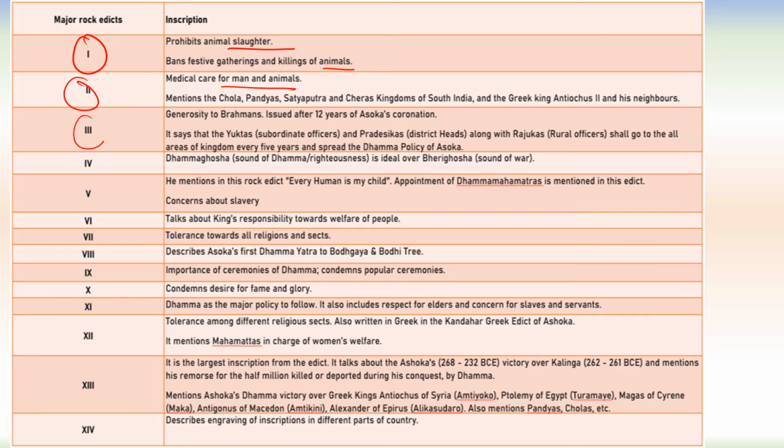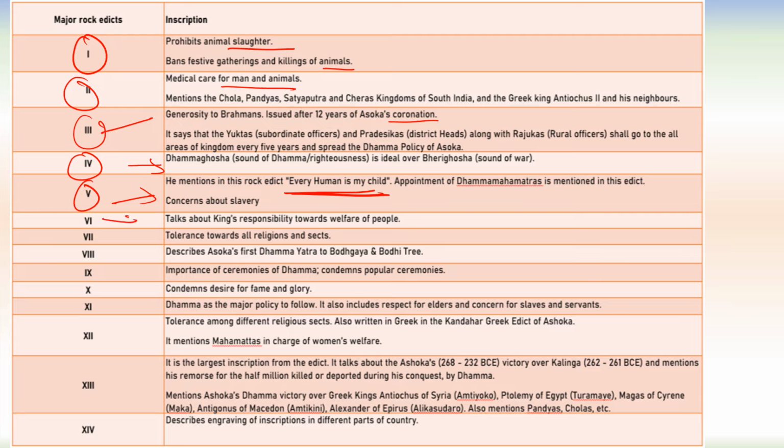Third, generosity to Brahmanas issued after 12 years of Ashoka's coronation. Fourth, Dhamma Ghosa, sound of Dhamma, is ideal over the Bhiri-Ghosa, and Bhiri-Ghosa is the sound of war. पांचवें में, he mentioned in his rock edict, every human is my child. This is important.